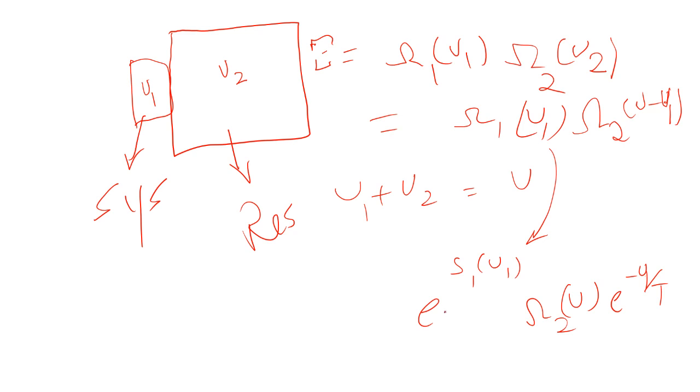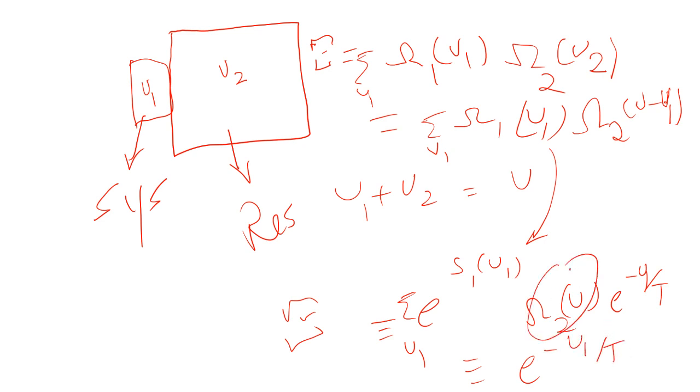So basically that is the origin of it, and then you sum over all the U1s. That is how we define the number of ways in which you can rearrange the microstates. So it becomes e raised to minus U1 by T. This is independent of the properties of the system, it is just the surroundings, so that goes out, and then you have this.